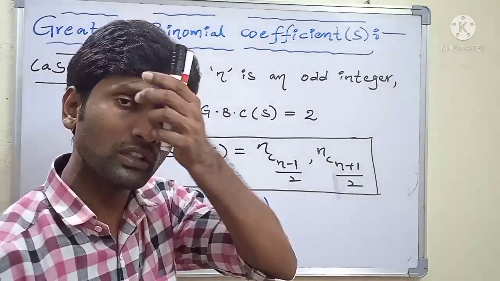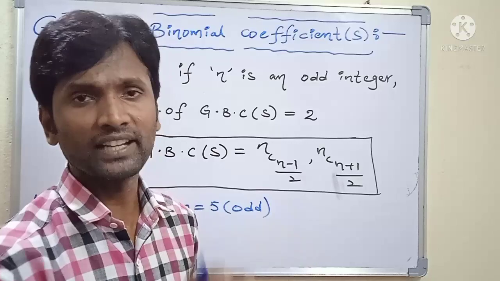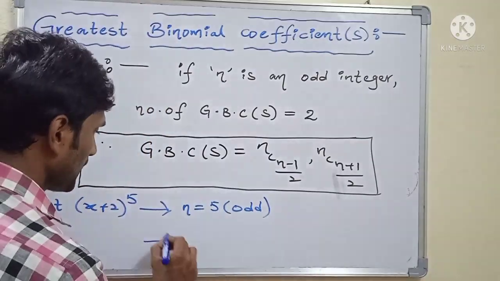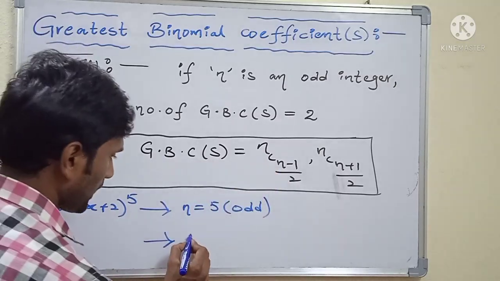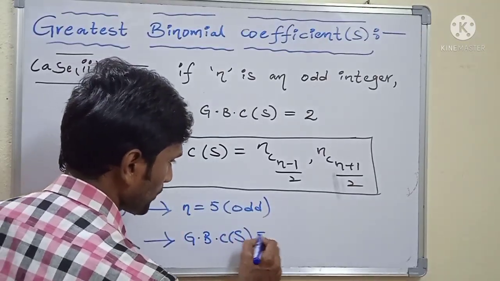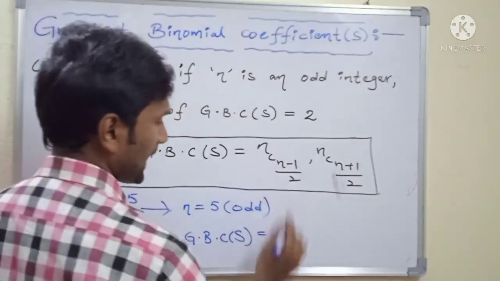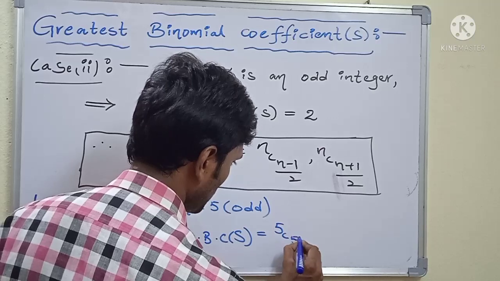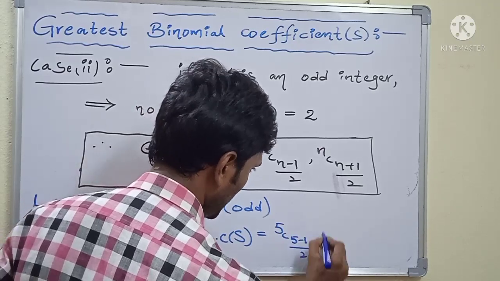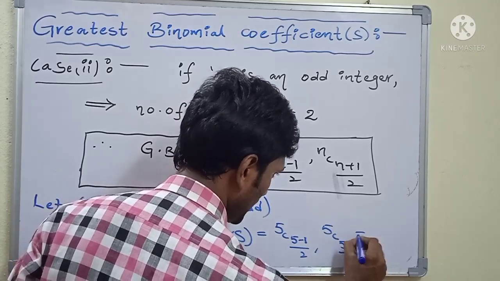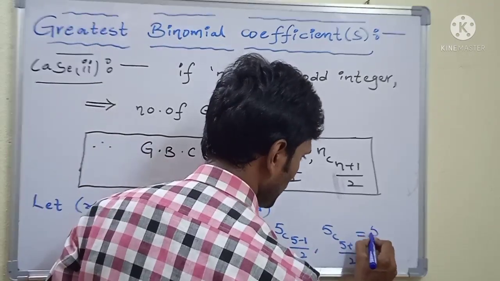In that expansion, we have two greatest binomial coefficients. For finding them, we have a direct formula. Greatest binomial coefficients equal nC(n-1)/2, here 5C(5-1)/2, and next 5C(5+1)/2.